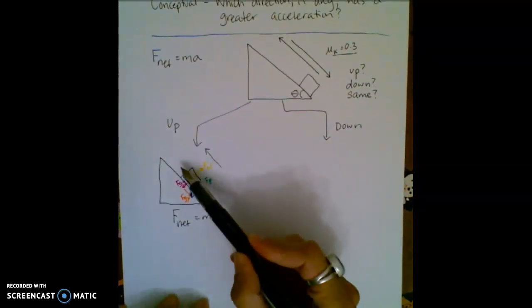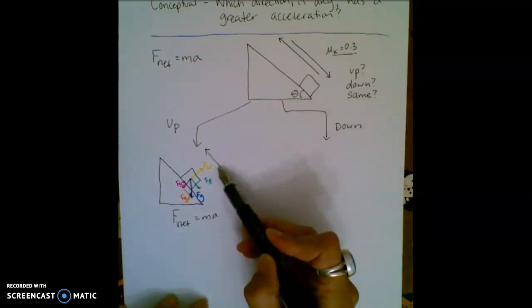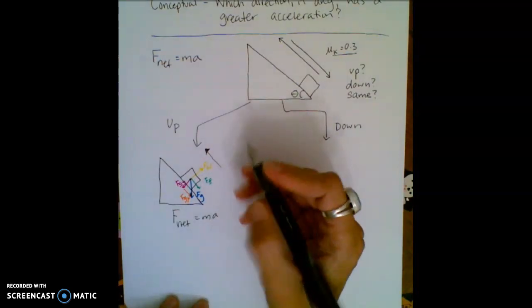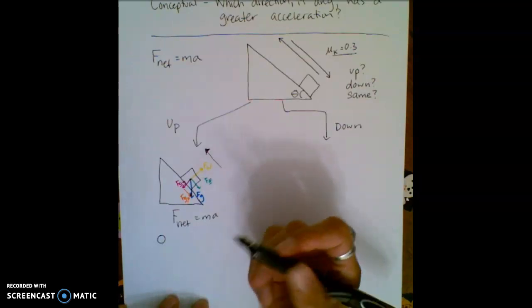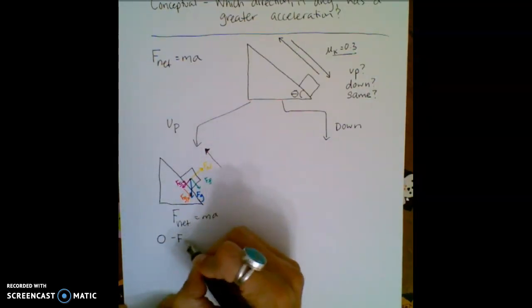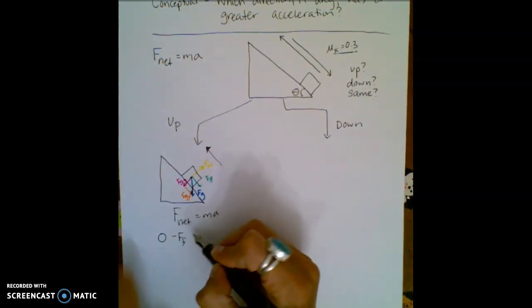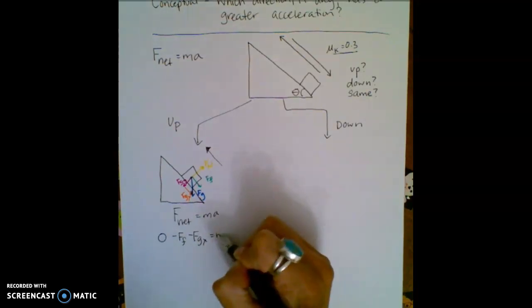Is there any helping force going up the incline, any forces pointed in the direction of the arrow? No. So I have zero helping forces. But how many hindering forces do I have? I have a minus friction, and then I also have a minus FGX, and that's going to equal ma.